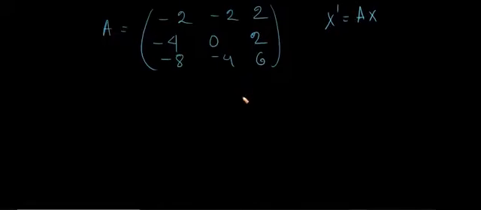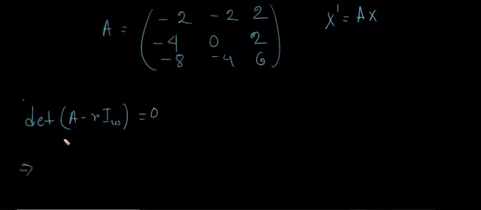So first thing first, we need to determine the eigenvalues, and if you denote the eigenvalues by r, you need to compute the determinant of A minus rI, where I is a 3 cross 3 identity matrix. You need to set this to be 0, and if you do that for this matrix, you will find that this turns out to be r into (r minus 2) whole square equals 0.